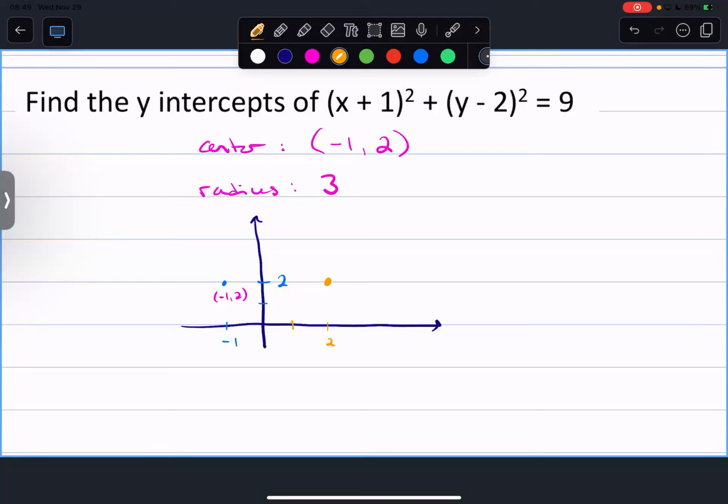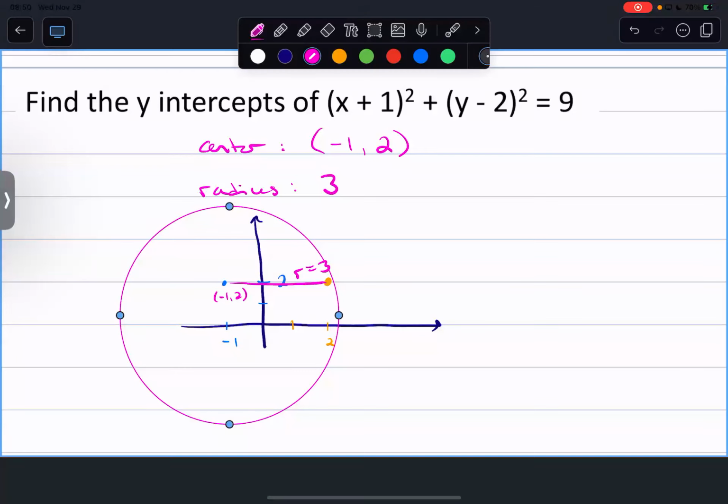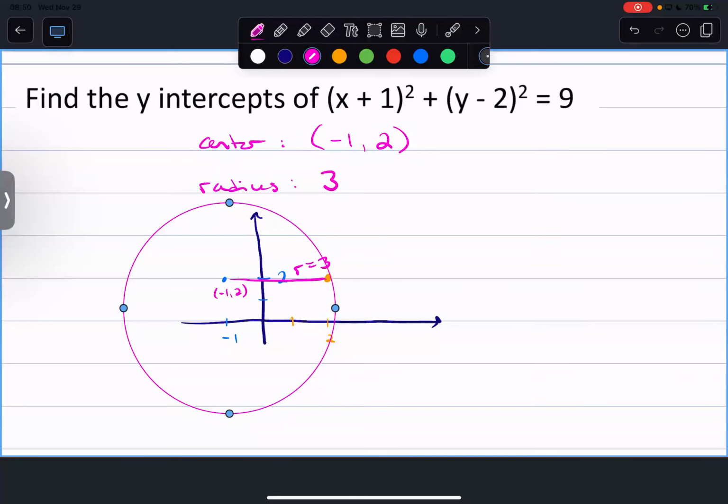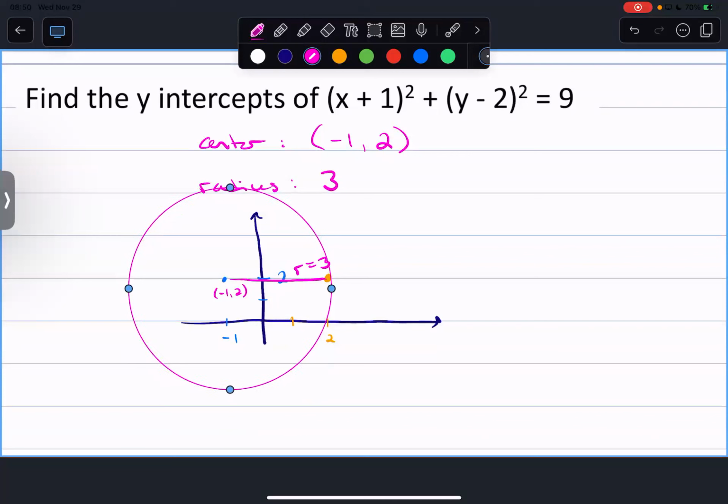If I go straight up from 2, then I'm forcing the radius to be a distance of 3. So now I've got my string tethered at -1, 2, and then what can I do? I can draw a circle around this way, and let's see if I can do something fun. Okay. But can I move it? I can't.